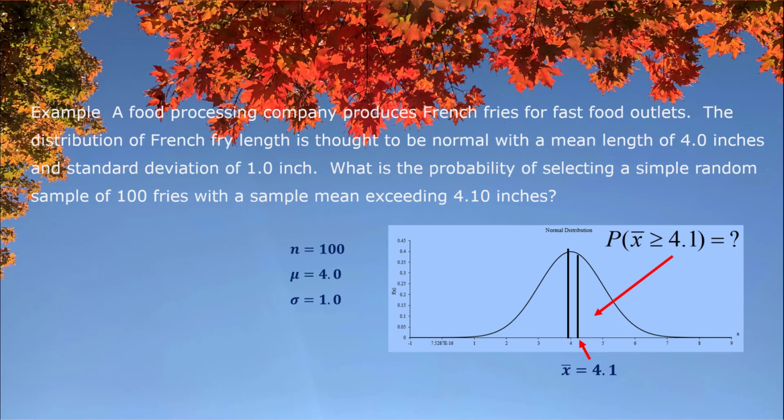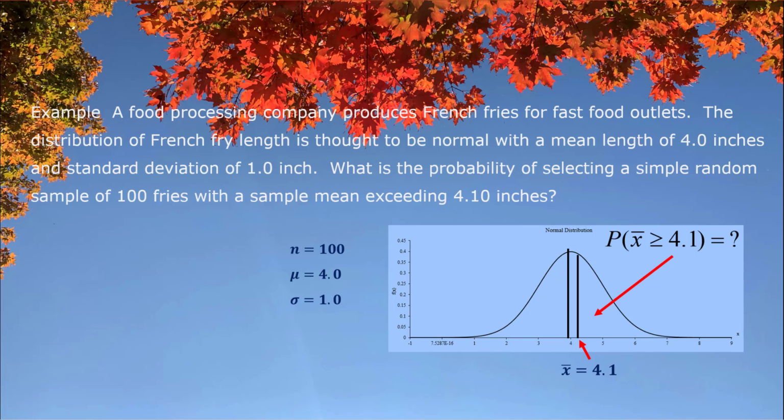Then we are looking for how much chance, from all the possible simple random samples, the sample mean would exceed 4.1 inches. So that is the event and corresponding probability. We express it as x bar greater than or equal to 4.1.